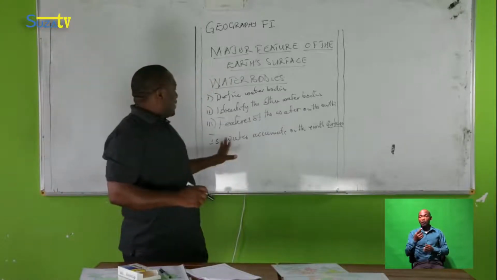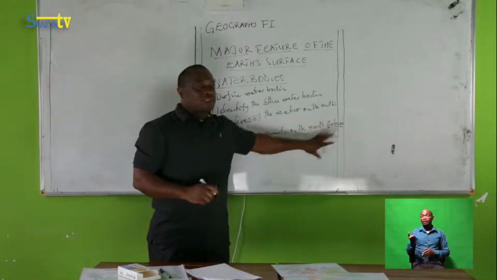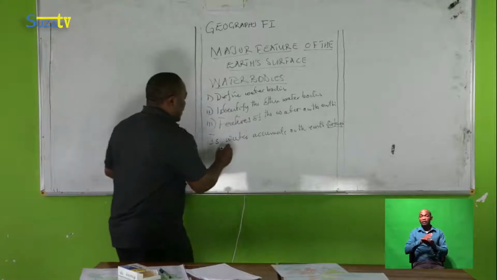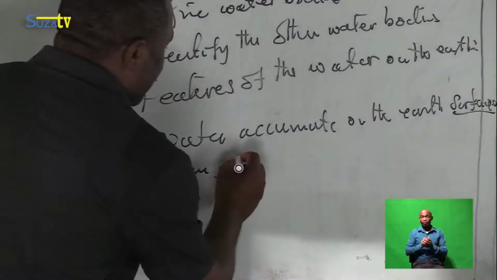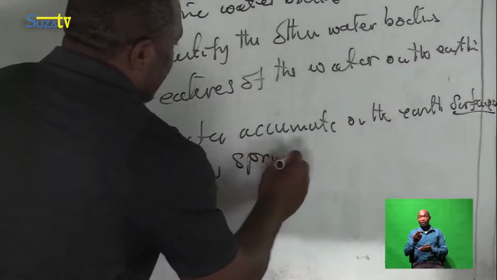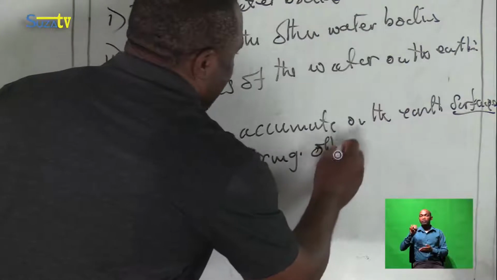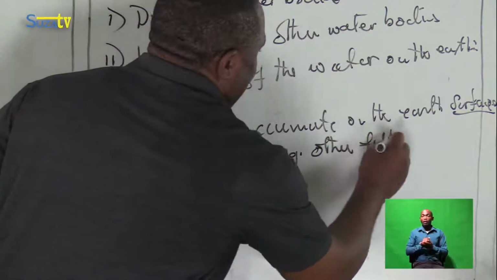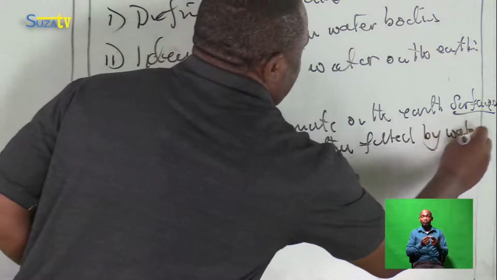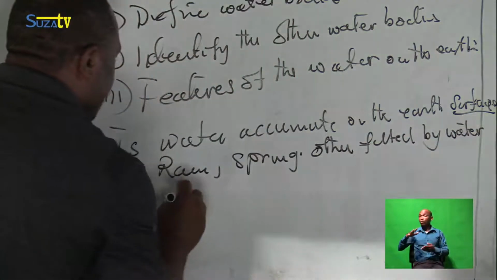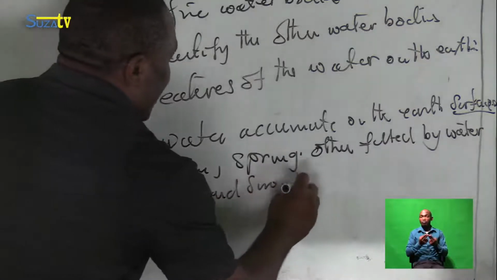When we say water accumulation on the Earth's surface, the source of this water is sometimes rainfall, or sometimes a spring, and others are filled by waterfalls and snow melting.